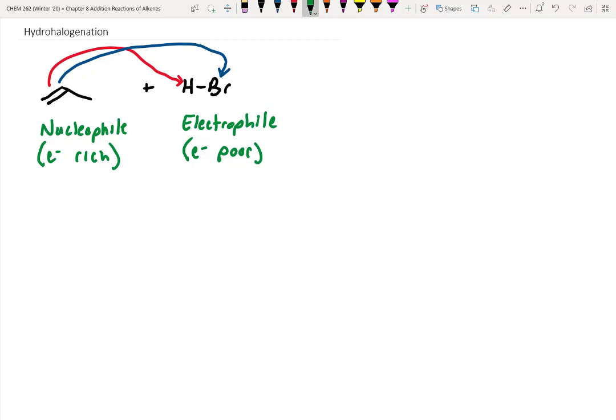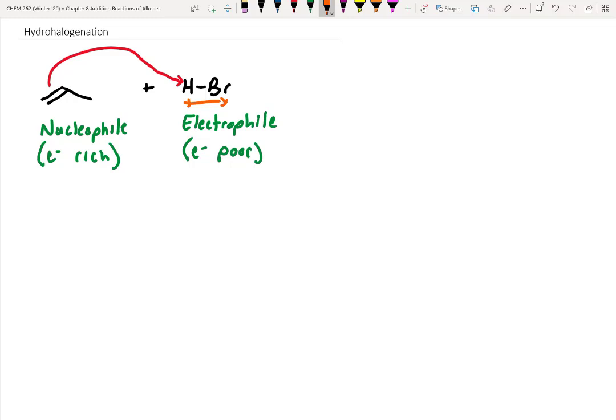And why? The hydrogen. If we think about it, we've got a net dipole because the bromine's more electronegative. So the hydrogen side of hydrobromic acid is more electron poor than the bromine side. If anything, the bromine side is electron rich. So it's not very electrophilic compared to the hydrogen.